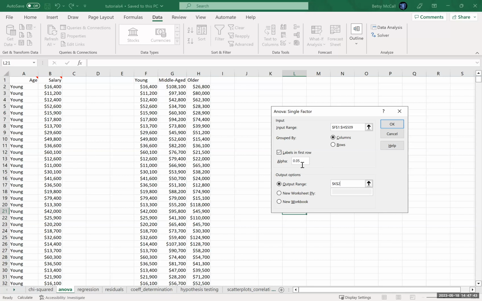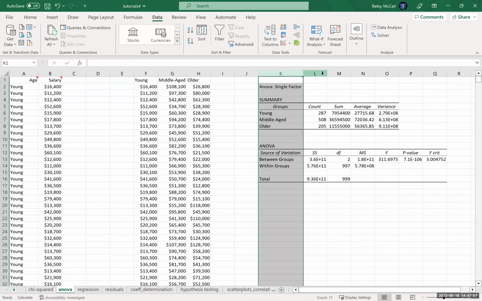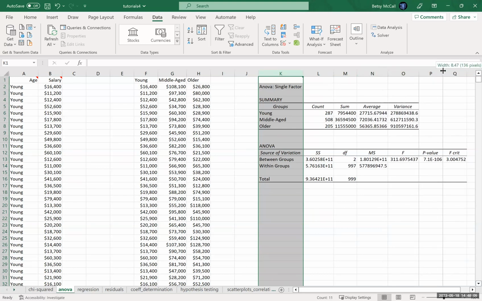If you're using a significance level different from 0.05, you can change that value here. I'm just going to use the default for this example. Okay, so we've got our single factor ANOVA, and I'm just going to spread out these columns so that they're easier to read.